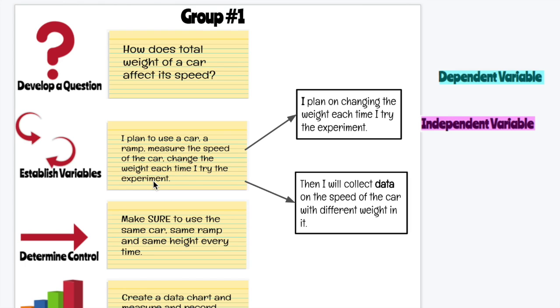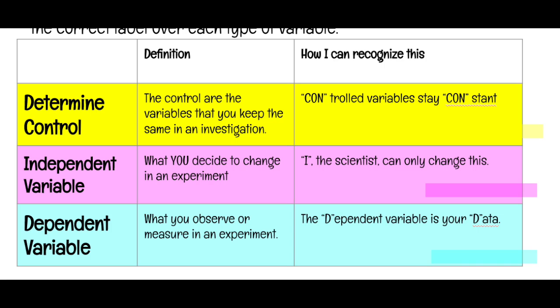We talked about this being kind of like preparing your ingredients for baking. But scientists have to take this a step further. They have to determine what the dependent variable is going to be and what the independent variable is going to be. And as our previous example showed, the independent variable is the thing that you change.